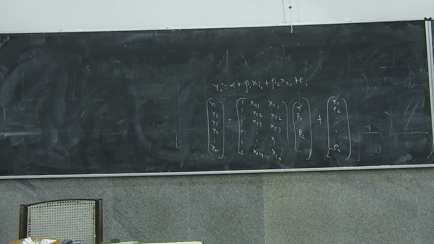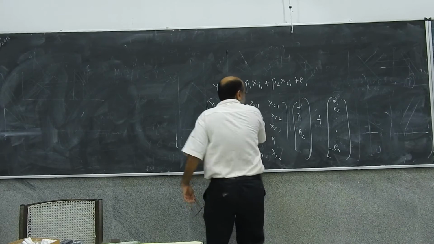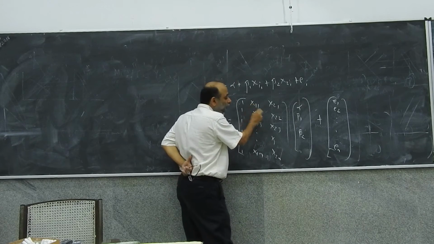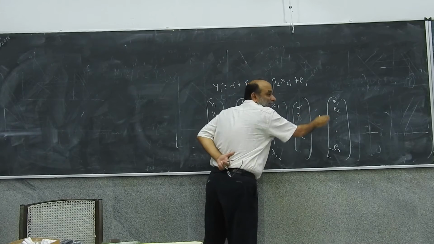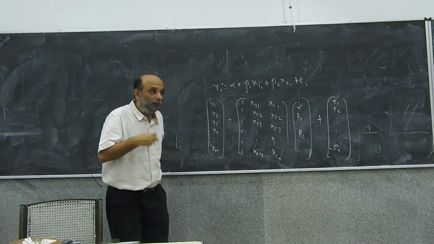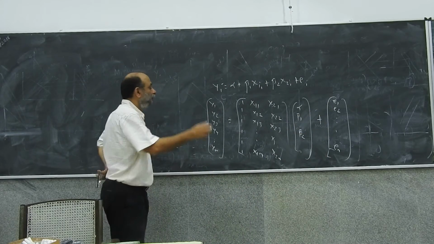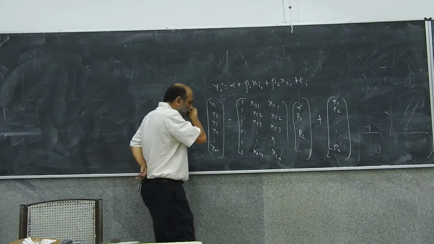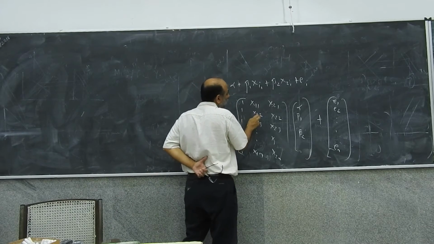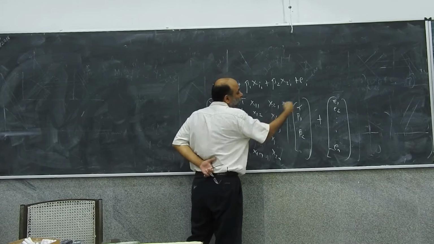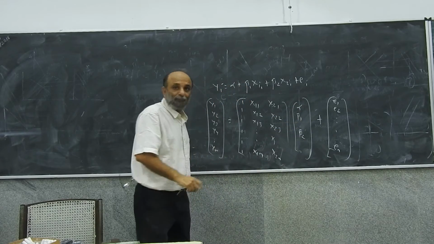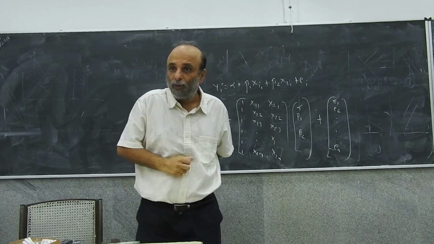So what is the first equation? y1 is equal to alpha plus beta 1 x11 plus beta 2 x21 plus e1. y2 will be alpha plus beta 1 x12 plus beta 2 x22 plus e2. Right? Sure?